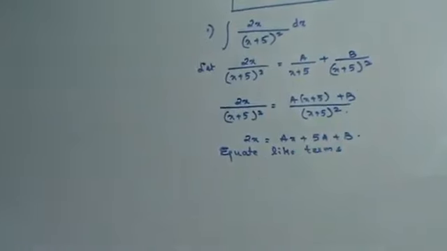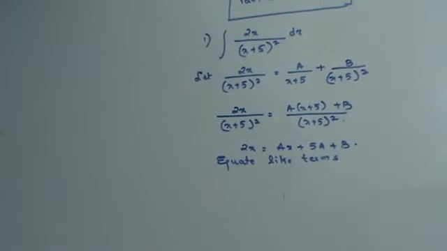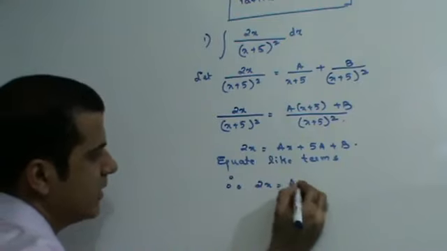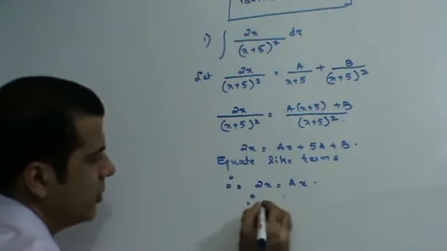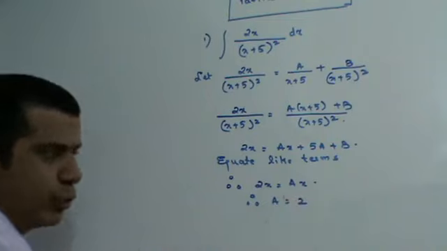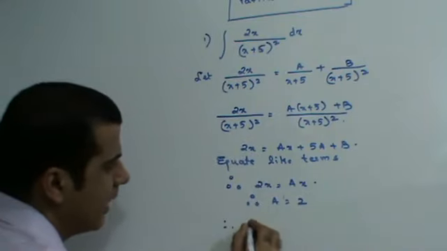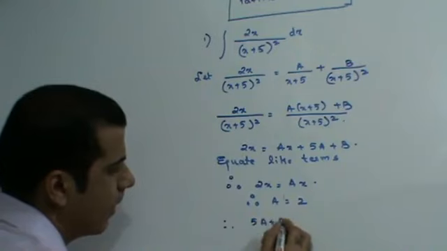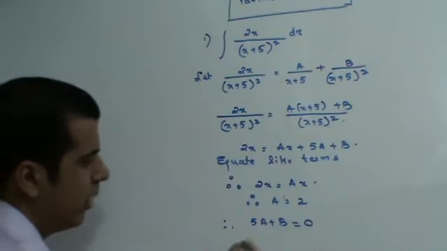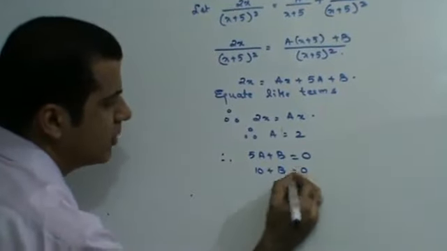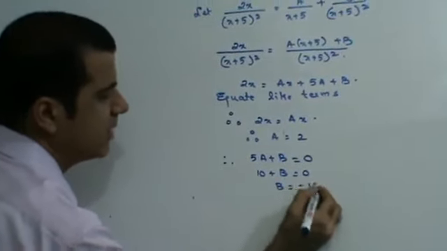If I equate like terms, that means x term should be with x term. Hence, I can say that 2x is equal to Ax, in which case A is equal to 2. Similarly, since there is no constant term here, 5A plus B is equal to 0. In that case, 10 plus B is equal to 0, B is equal to minus 10.